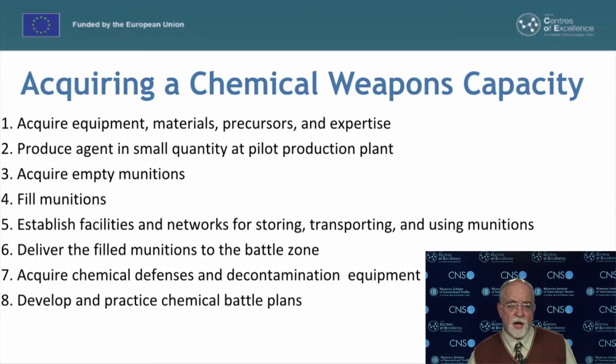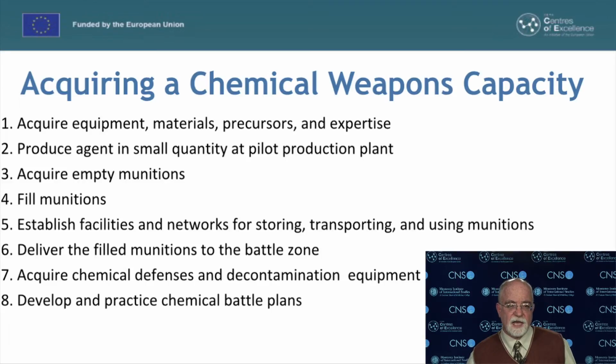Acquire munitions by purchase or by designing and building them indigenously. Fill the munitions with the agent. Establish facilities and networks for storing, transporting, and using the munitions. Deliver the munitions to the battle zone or target for terrorism.